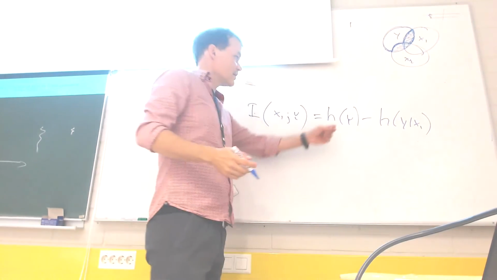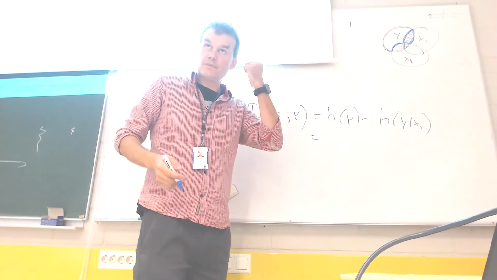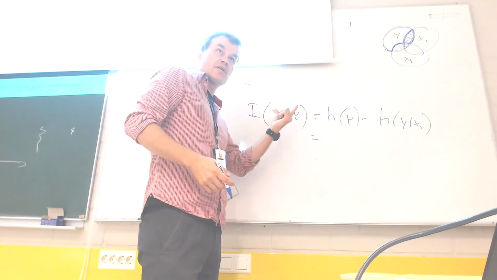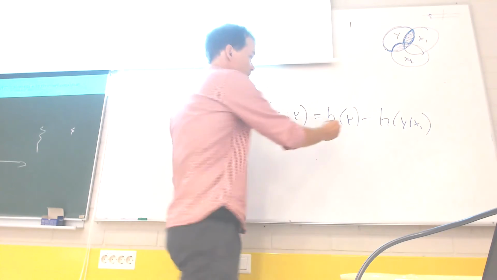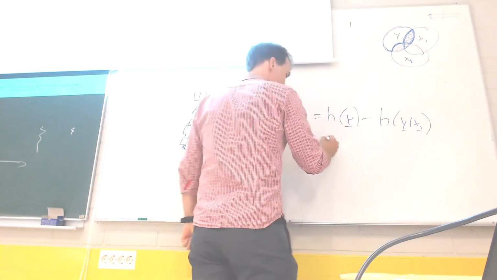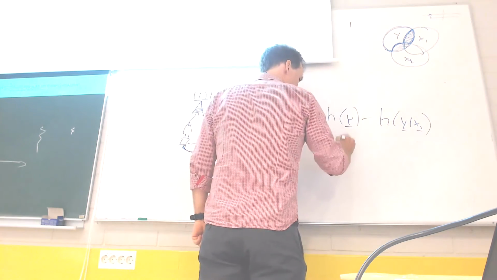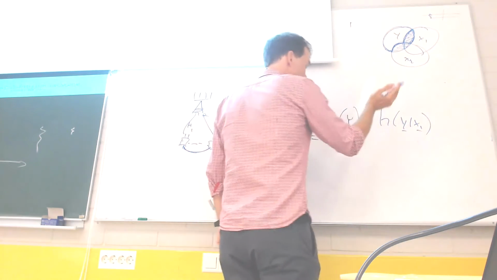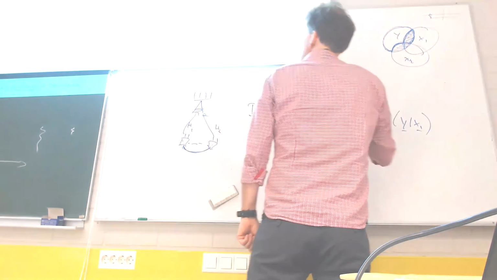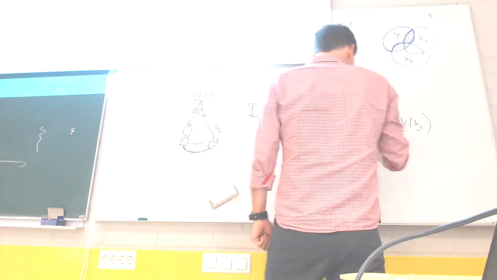We always know that for a vector, the differential entropy depends on the covariance of that vector, right? So we have log det, i.e. the covariance of y, which is all those terms there.